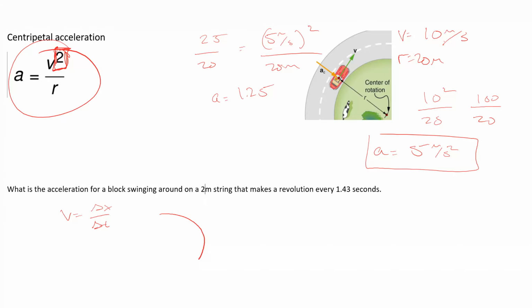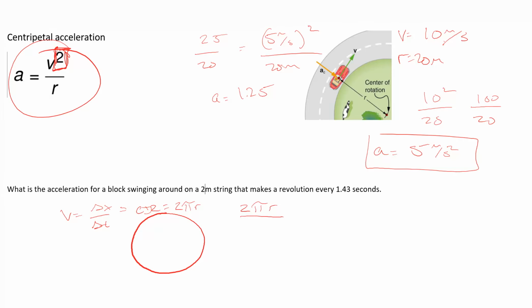If I go around one full circle, the circumference of my circle is equal to 2 times pi times the circle's radius. So that would be my change in x. So my change in position is going to be the circumference. So 2 pi, all I need to know is the radius.